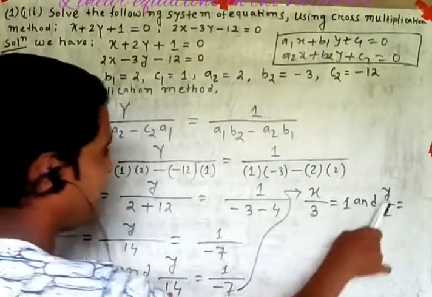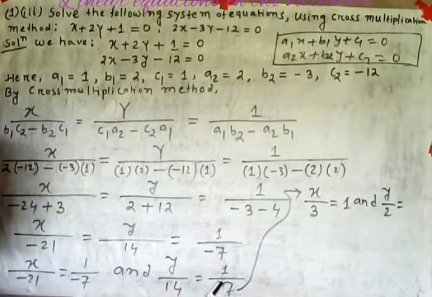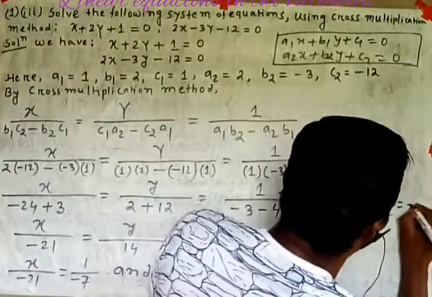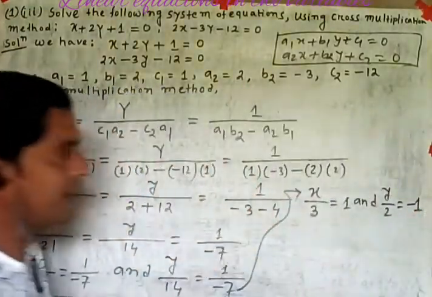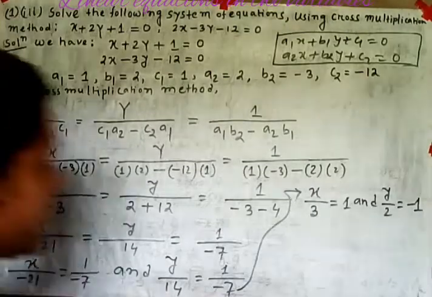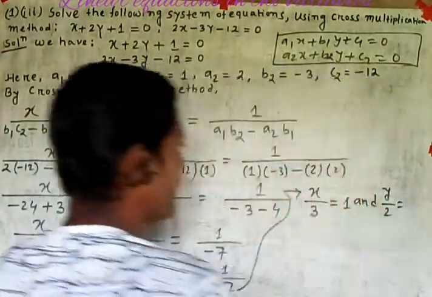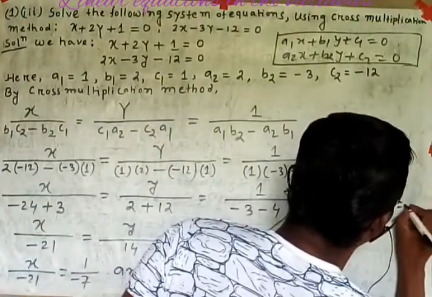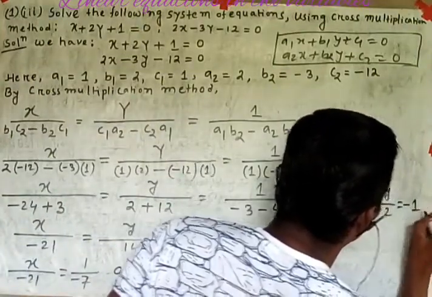So y divided by 2, but there is a minus symbol: minus into 1, minus 1.